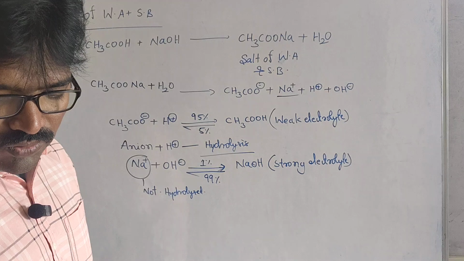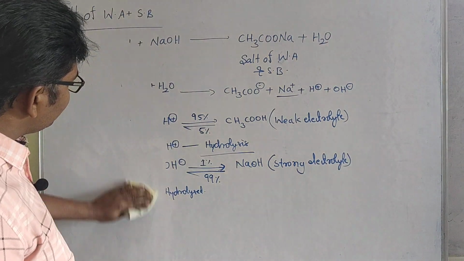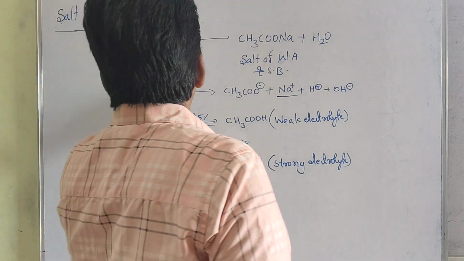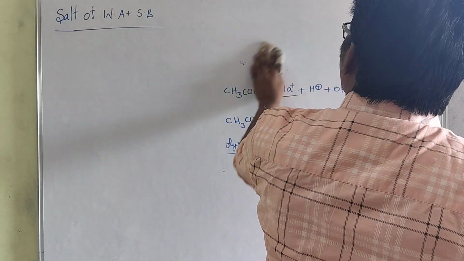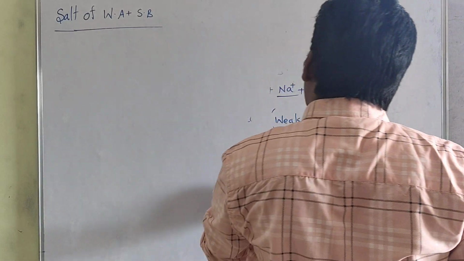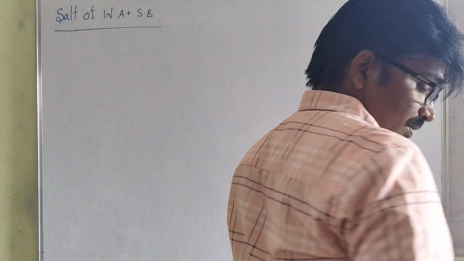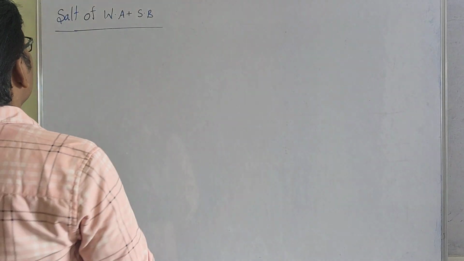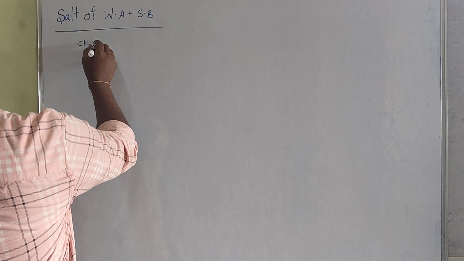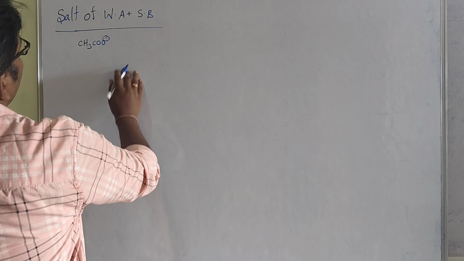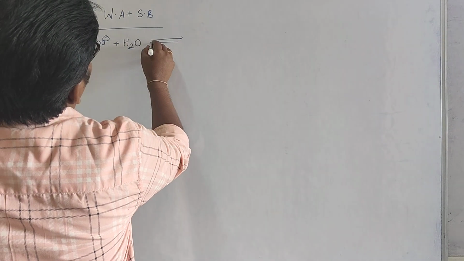Now look at some of the calculations we have to do for this salt, that is for finding the pH value of this salt. How to find out, that we have to discuss. First we take that particular weak part, CH3COO minus. When it undergoes hydrolysis, it reacts with H2O. What is happening there?